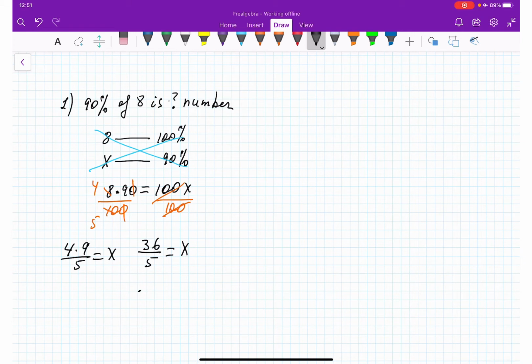It's going to be 7, and then 35, right? And 10 divided by 5 is going to be 2. So the answer is x equals 7.2. Equal 7.2 equal x. Okay?